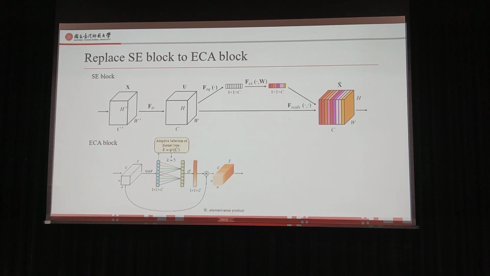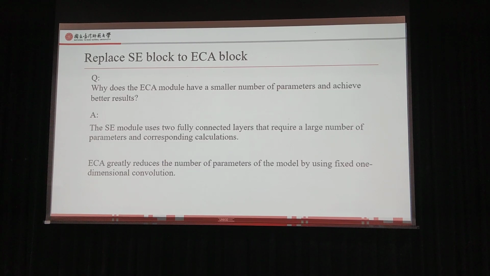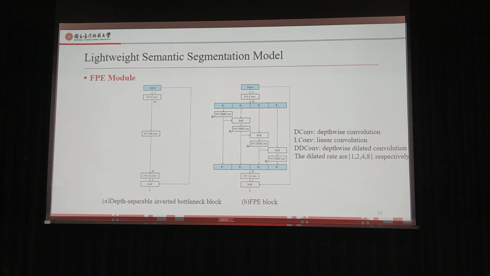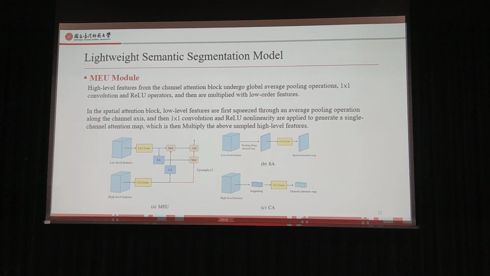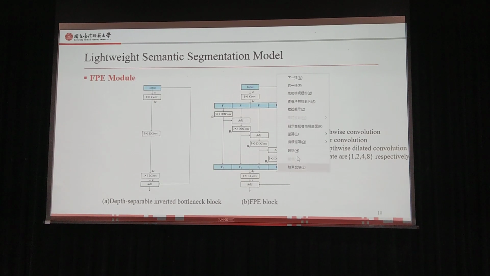And we replace SE blocks with ECA blocks. I will talk about why ECA modules have fewer parameters and give a better result. The SE block to ECA block replacement is in the FPE module, on the left and at the final of this part.